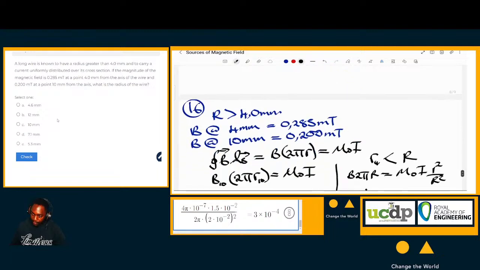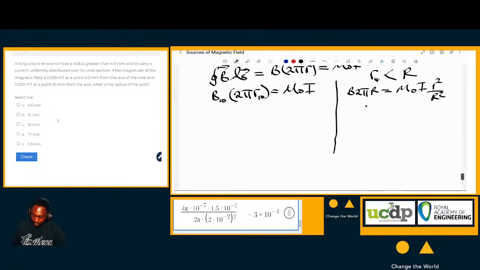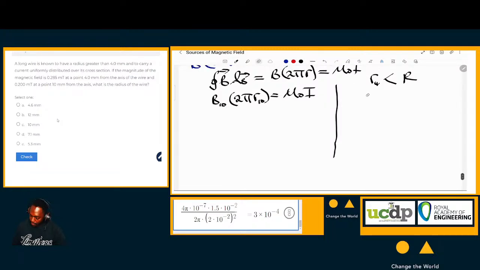All right, so this will actually be for B less than, that will be your B4. I'm just putting it in terms of your B4, which is 2 pi r squared over r4, which equals mu naught I.